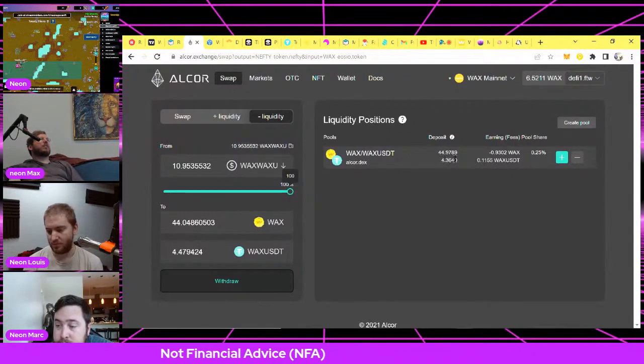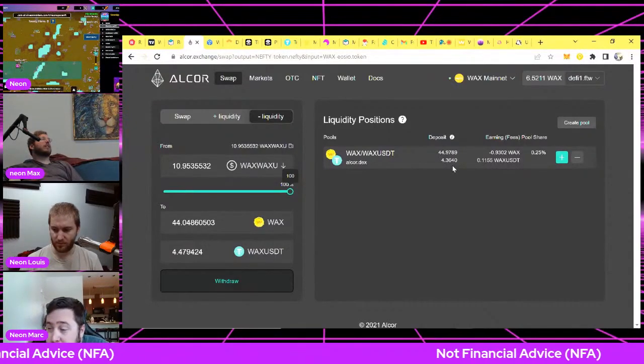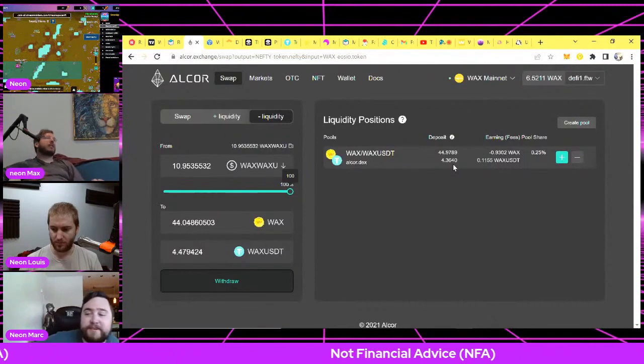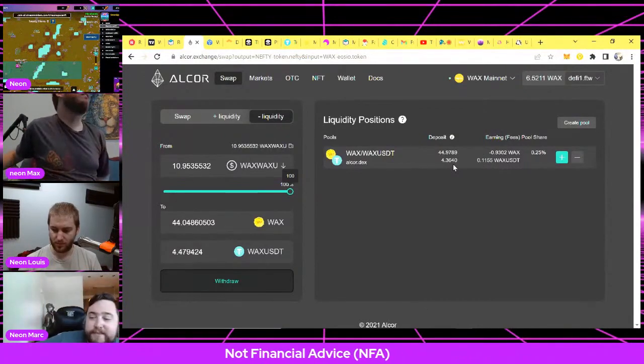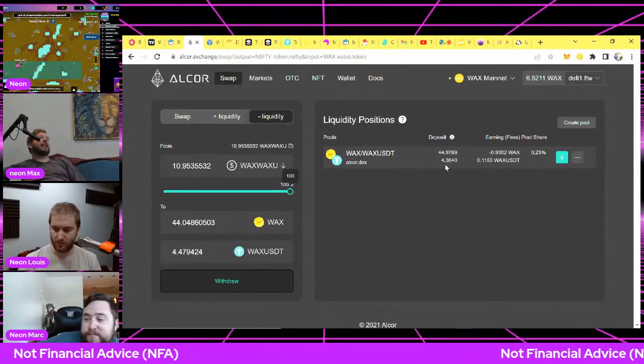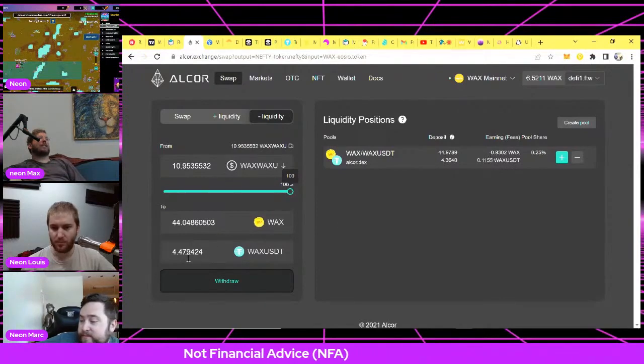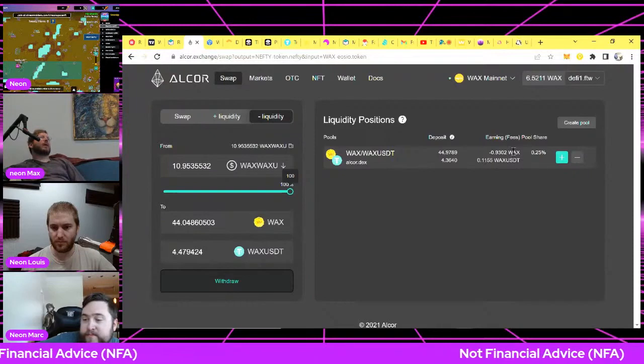Let's see... it's 36.4 cents, not 38, I was seeing this incorrectly. So it's up 11.55 cents on the WAX dollar side here, but down 0.9 on the WAX side.